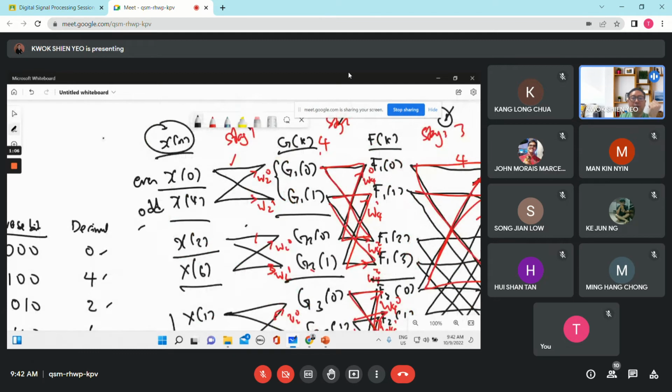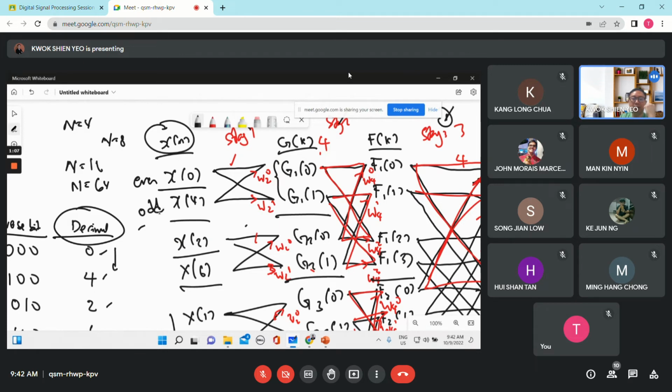For n equals to 8, if you do the bit reversal method, then you have 0, 4, 2, 6, 1, 5, 3, 7. But n equals to 16 or n equals to 64 or n equals to 4, right? The bit reversal method still applies. You still do the bit reversal method, and then you rearrange the xn into this part here lah. It wouldn't be wrong one. The bit reversal method wouldn't be wrong.